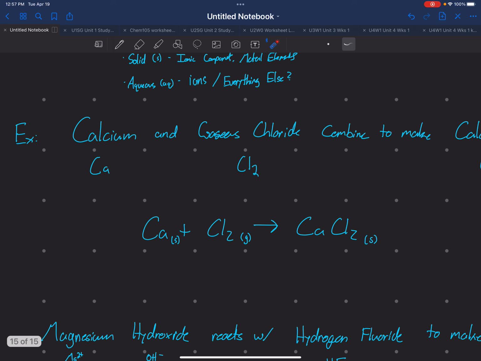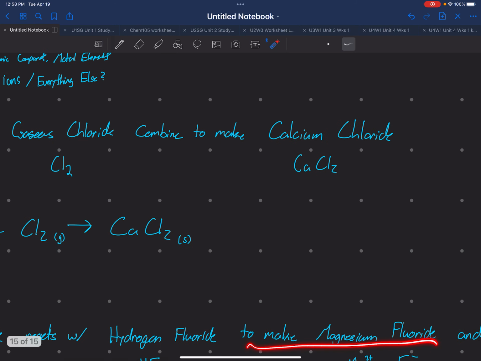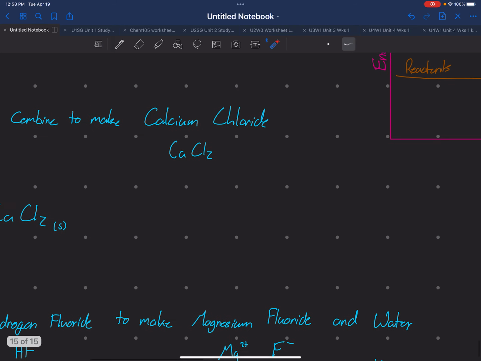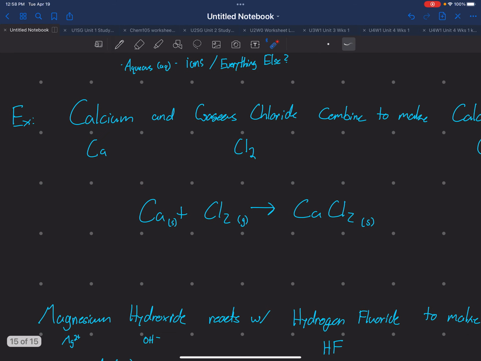So next one: magnesium hydroxide reacts with hydrogen fluoride to make magnesium fluoride and water, right? So we got to write these symbols down. Magnesium is Mg2 plus, hydroxide is a polyatomic, which is OH1 minus.